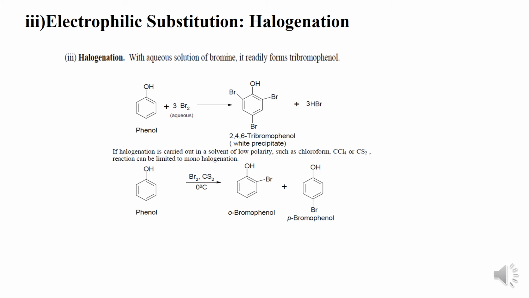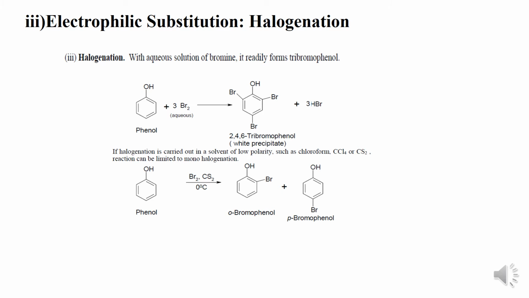Next, halogenation. These three are the common electrophilic substitutions in the aromatic ring. Halogenation with an aqueous solution of bromine readily forms tribromophenol, like trinitrophenol. Bromine acts as a Br plus electrophile and approaches the ortho and para positions of phenol, because these electrophiles are ortho-para directing.